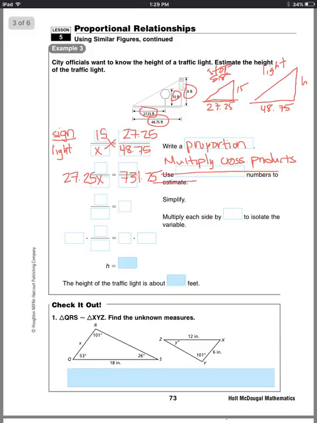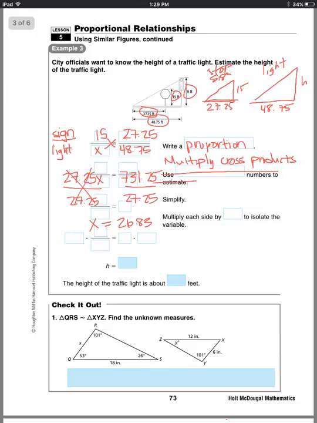Then, because there's a coefficient, we're going to divide each side by 27.25. That crosses these out. We bring our x straight down, or our h, and we divide 731.25 by 27.25, and we get 26.83.